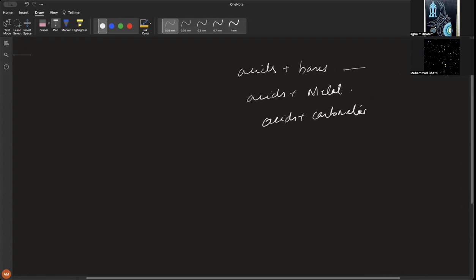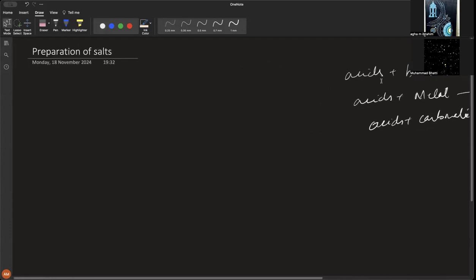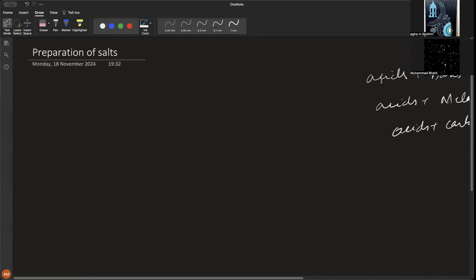All of them are going to produce salts. Now this is a mind map and overview for the topic.